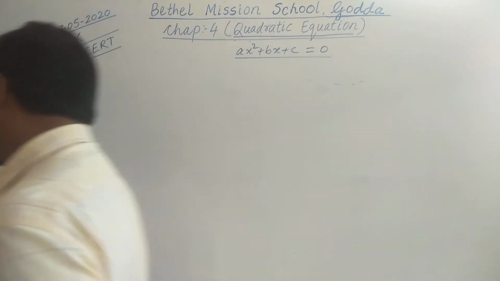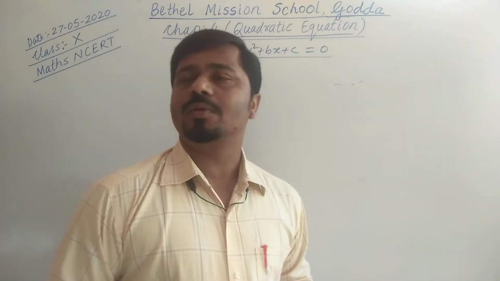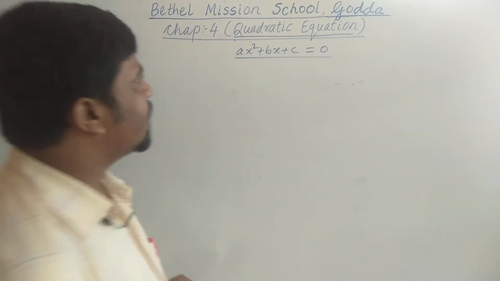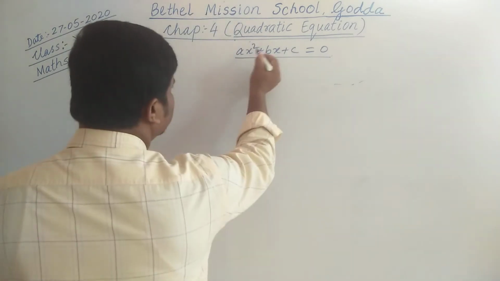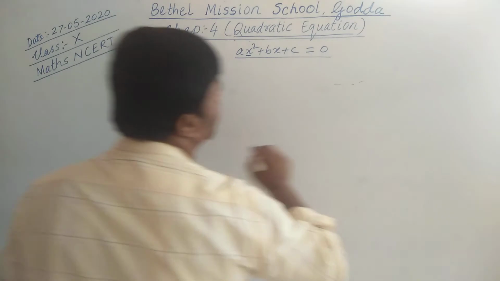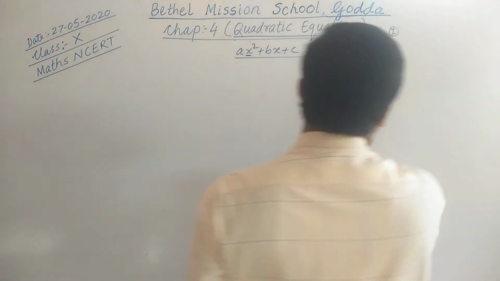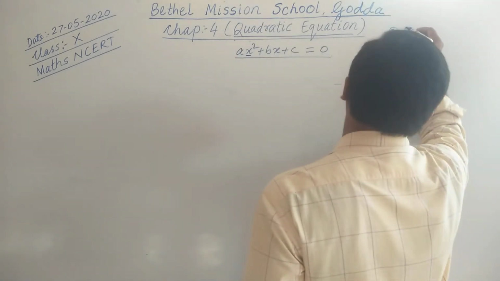For finding the quadratic formula, you have to remember only two steps. First step is we will remove the coefficient of x square.